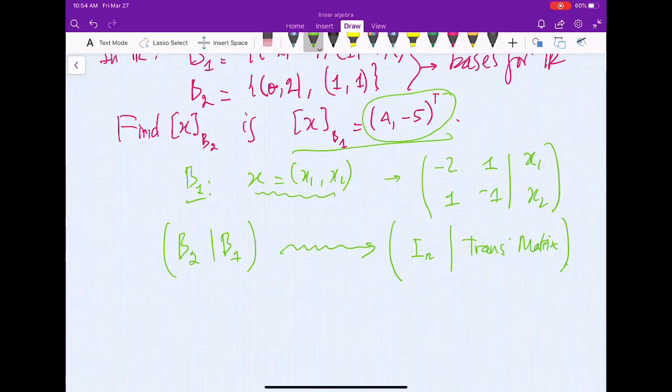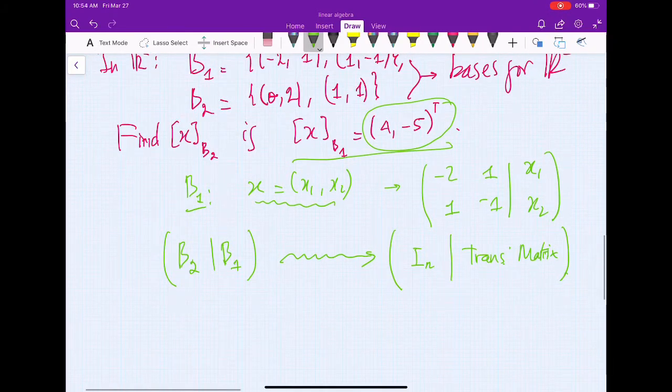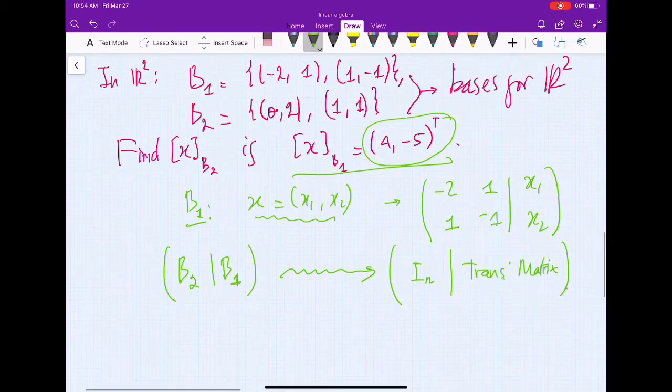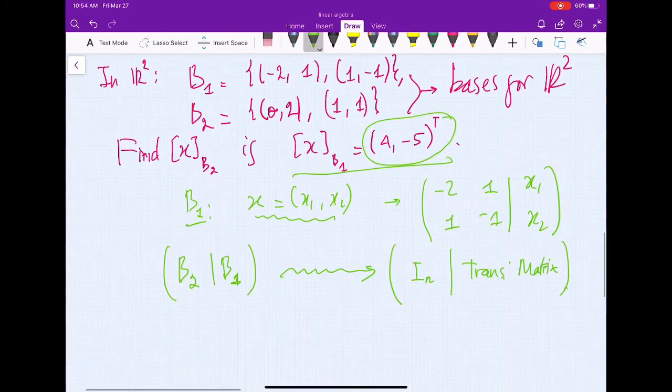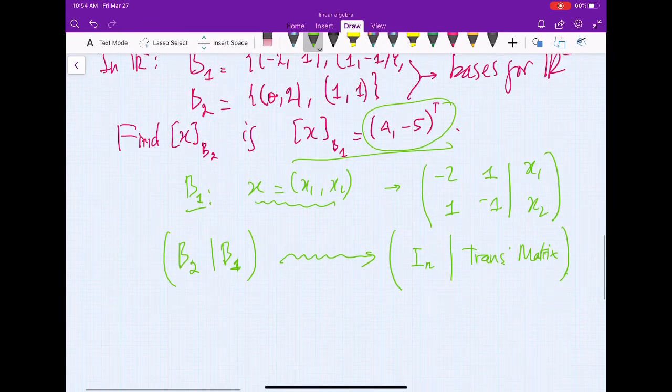Basically doing this, we are solving n systems of linear equations at the same time. So basically we express vectors in B1 as linear combinations of vectors in B2. That is the meaning of the transition matrix.